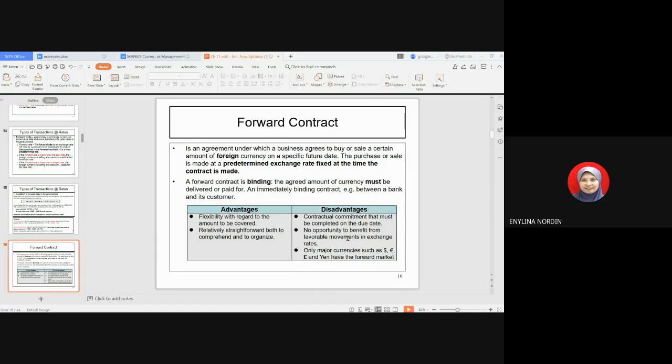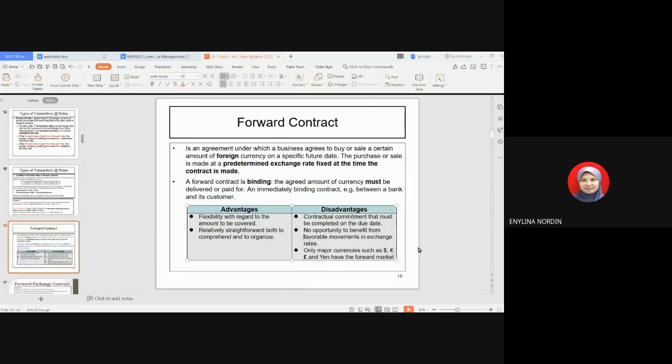So no opportunity to benefit from unfavorable movement in exchange rate. That means if you forecast that the exchange rate is going to depreciate, that's why you lock.